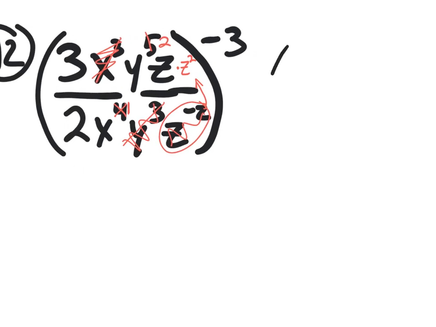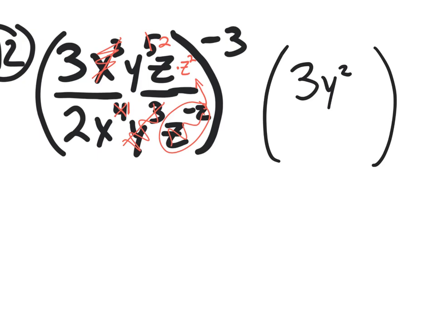So inside the parentheses, I have the 3, I have a y to the second power, and what is z times z squared? Z to the 3, right? Or let me rephrase that. What is z to the 1 times z to the 2? Z to the 3, right? Okay, so that's a z to the 3 up there. And then on the bottom, let's see what we have left on the bottom.